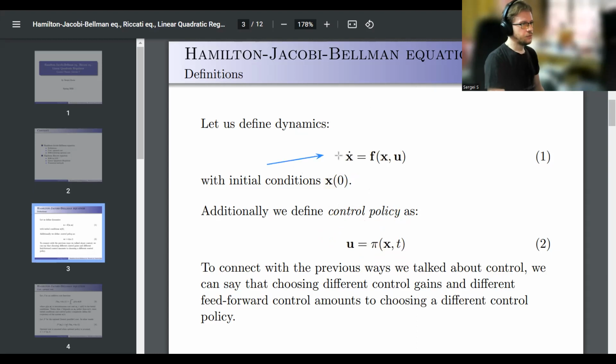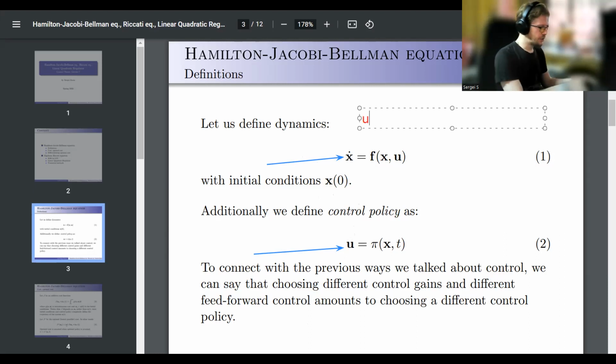All right, so dynamical system and control policy. What would be, for example, a way to choose a different control policy in our familiar settings?